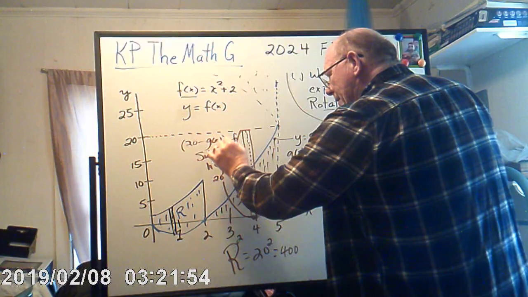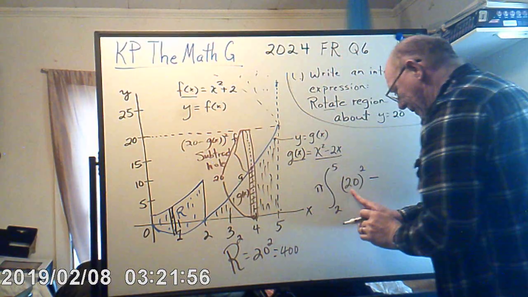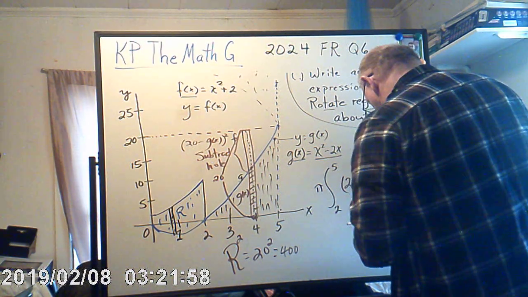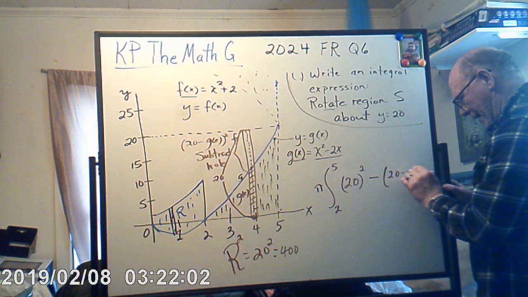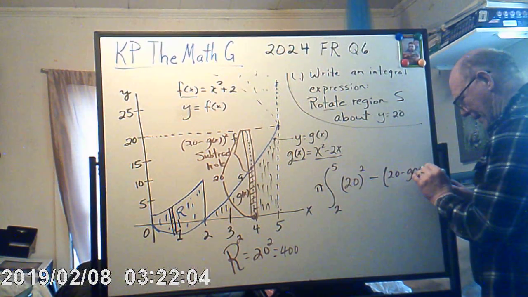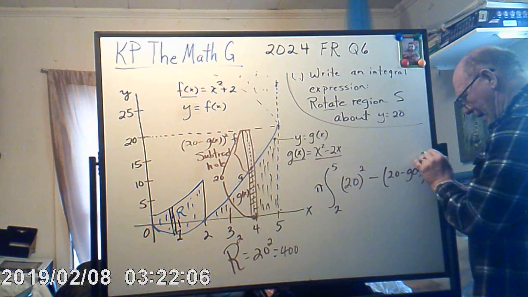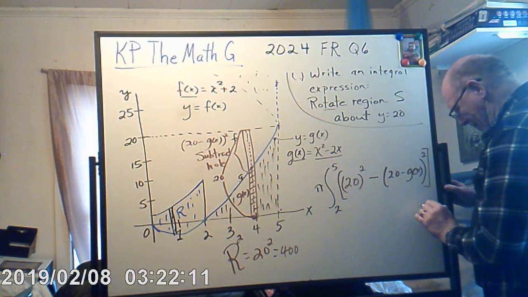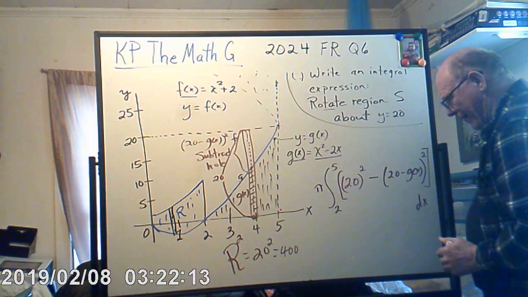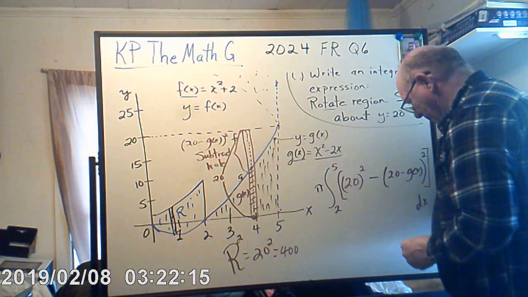Usually that's the way it is: 20, and then minus here, 20 minus g at x, squared. Always remember to square it. And I don't have any room for a dx, but I'm just going to put it down there. And that's all you've got to do.